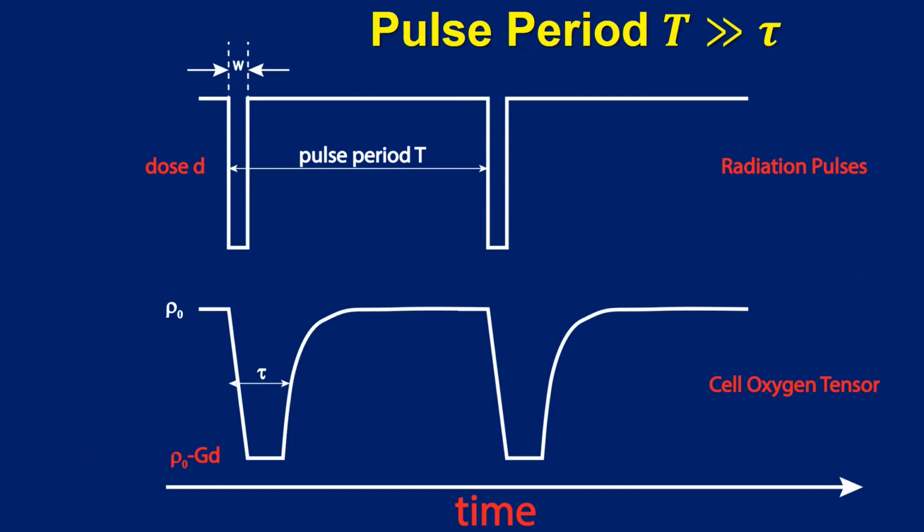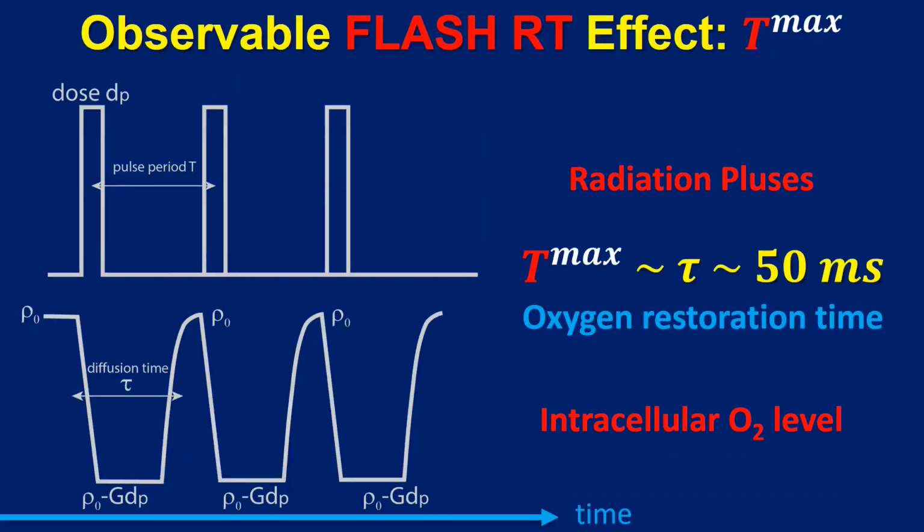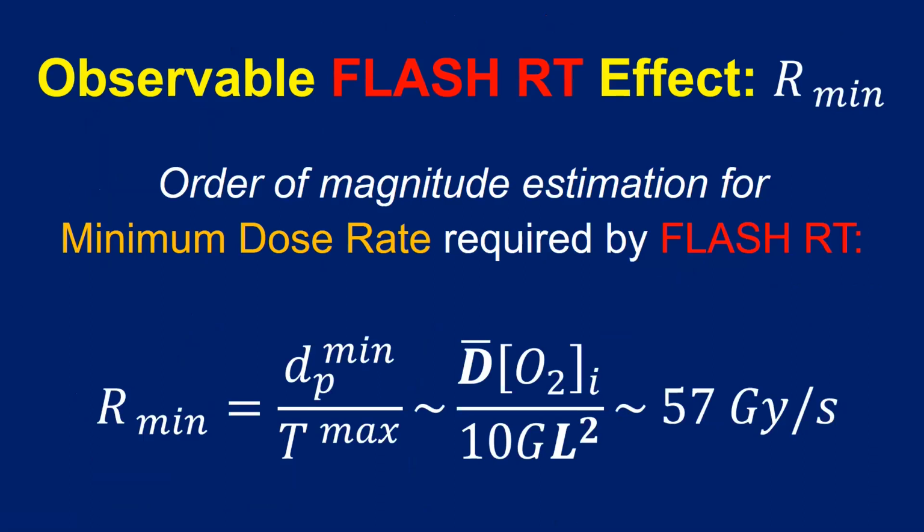Therefore, it is harder to observe any flash RT effect. So the turning point of the flash RT effect is when T and tau are of the same order. Now T is short enough to just suppress the oxygen surge due to diffusion from the capillary, to avoid the cell spending a long time under the reduced O2 level post-irradiation.